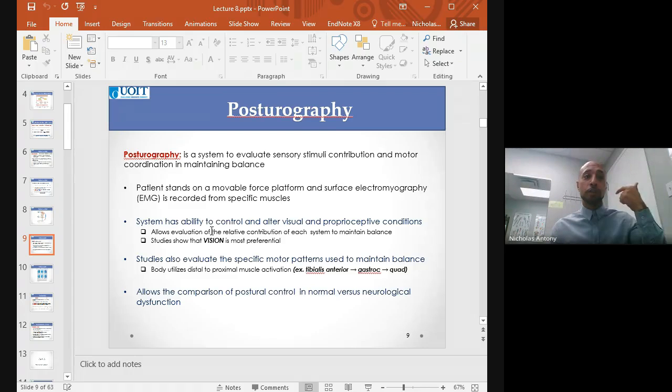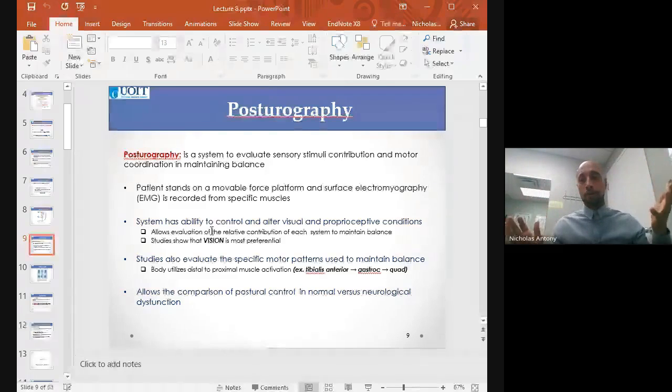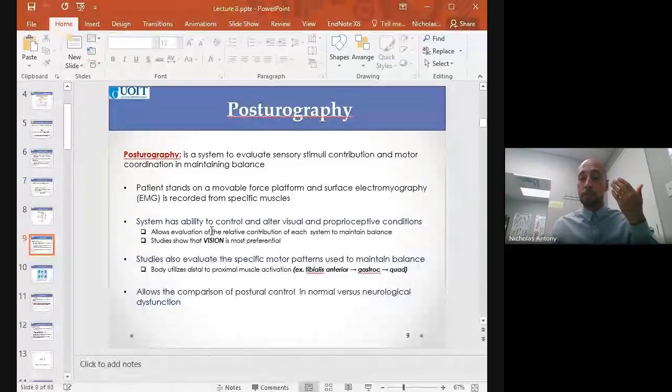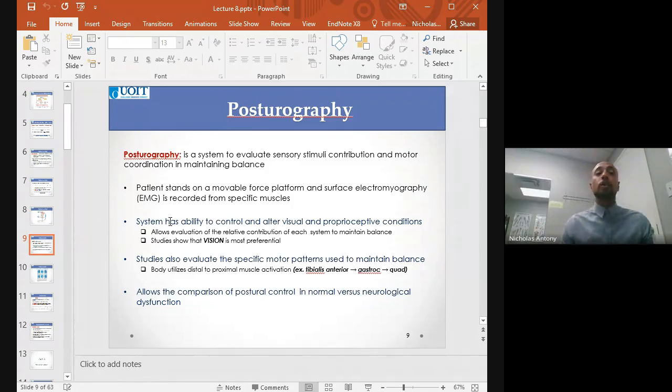Your vision, because it's primary, can trick the other systems. And then you kind of figure it out and you're okay after that, right? It's because we most utilize vision, and so we can use that sense in accurate ways sometimes. But posturography is sort of like a clinical method.